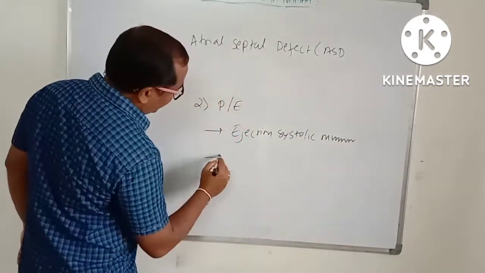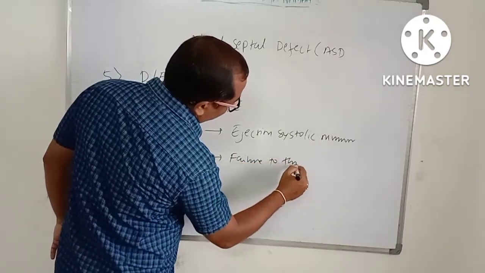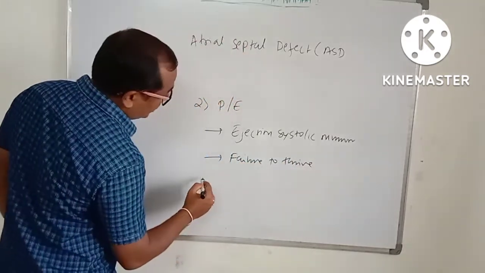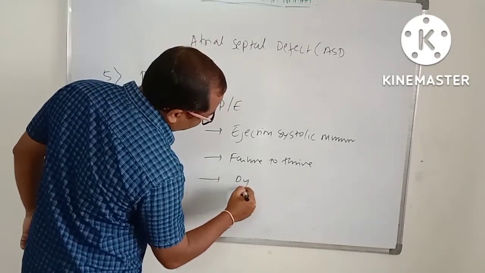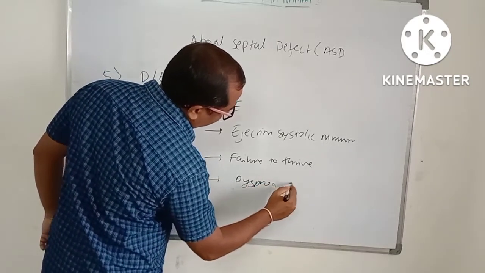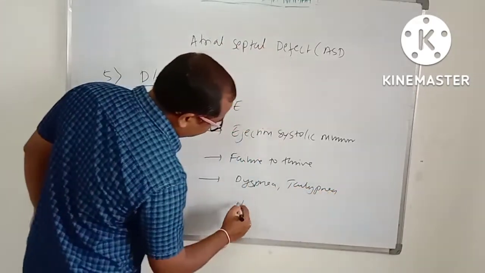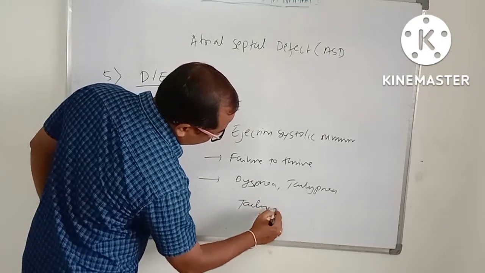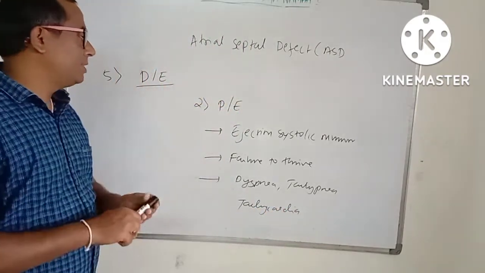Apart from this, failure to thrive, there is no proper height and weight achievement. And there will be dyspnea, tachypnea, tachycardia. So all these signs and symptoms we can find on physical examination.